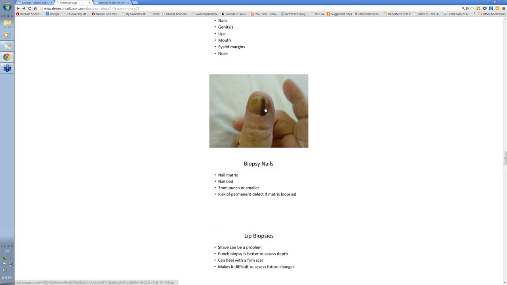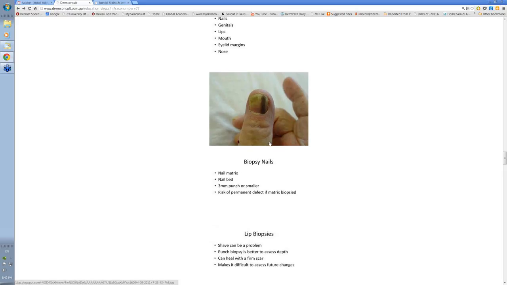And you can often see where this pigmented band is coming from. And you can either do a punch in that area or even just a good shave biopsy there. It can give you all the information you in fact need as to whether this is a benign or a malignant proliferation that's giving you a band like that.